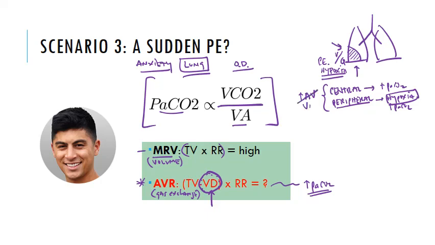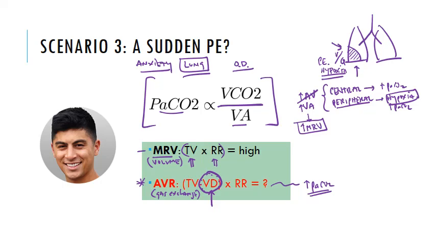And it does so by increasing the MRV, essentially by increasing the rate and the depth of breathing. Tidal volume would be more than 500 milliliters, and respiratory rate would move from, say, 12 to 14 to 16 to 18 to 20 to even 30 to begin to compensate for losses in oxygen and too much CO2.